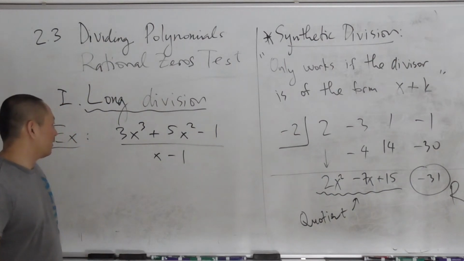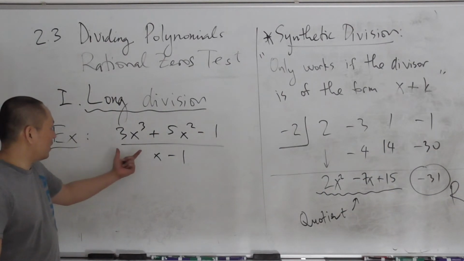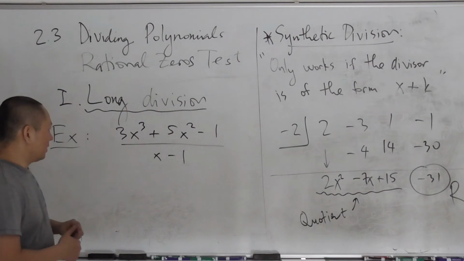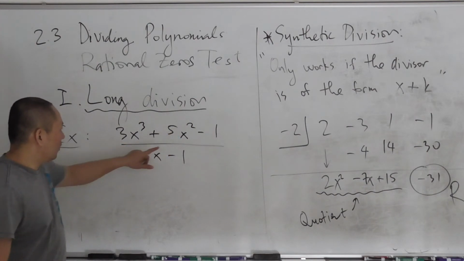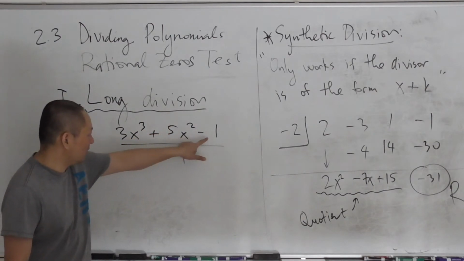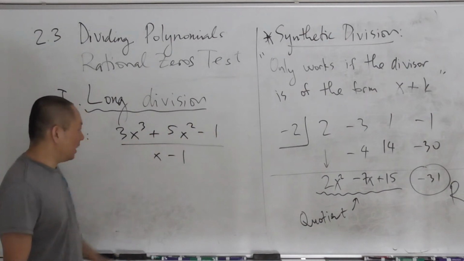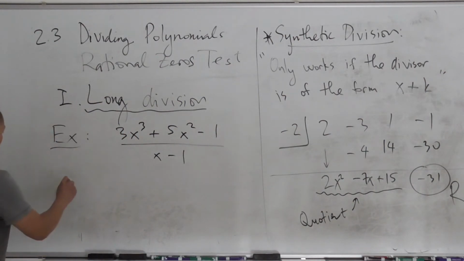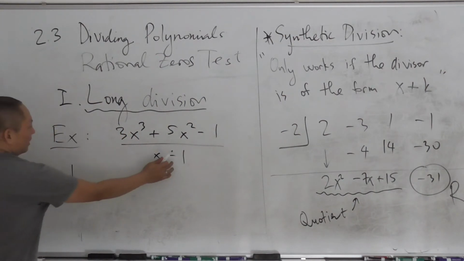So it satisfies the condition. The reason I bring up this example is because something is special about the dividend: we are missing the x term, you see? We have x cubed, x squared, and just a number. Polynomial degree 3, leading coefficient 3. So to use synthetic division, we're going to write it this way.